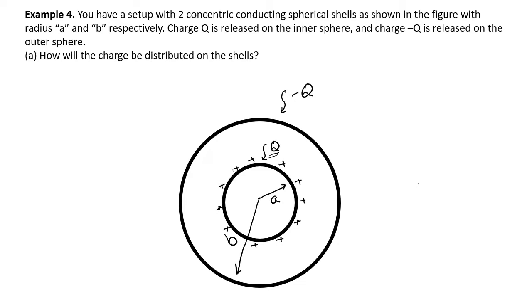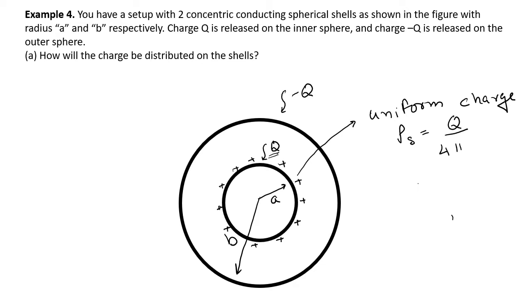And since that surface is very symmetrical, the charge would sit uniformly on the outside surface. So I would get a uniform charge with some density which would be given by the charge divided by the surface area. And it would sit on the outside surface of the inner conducting shell.